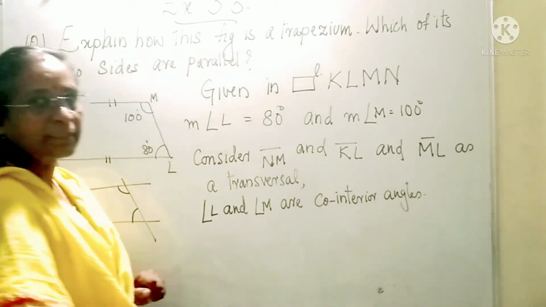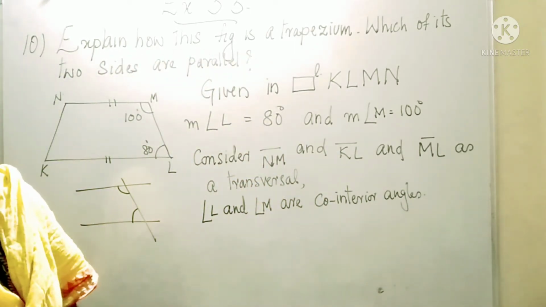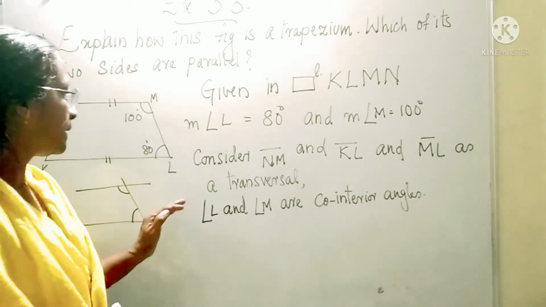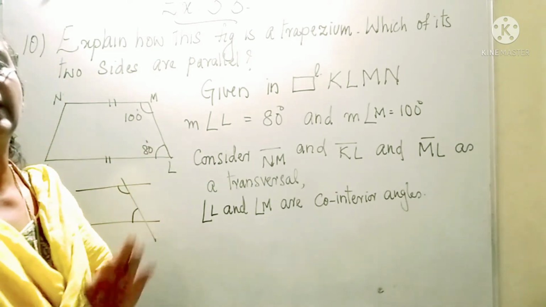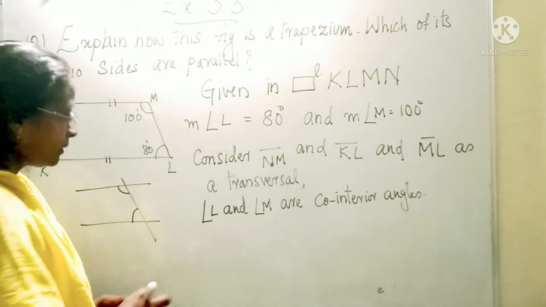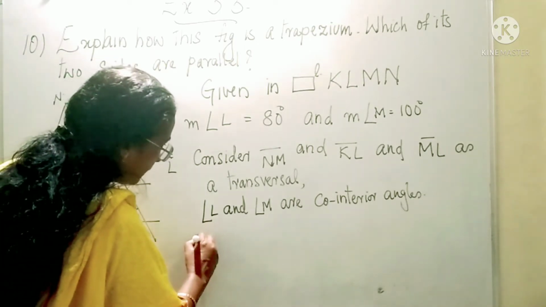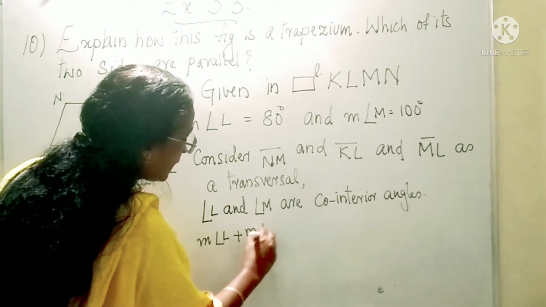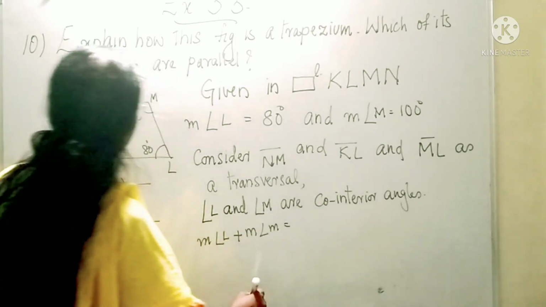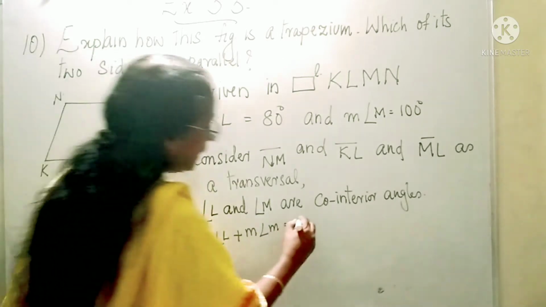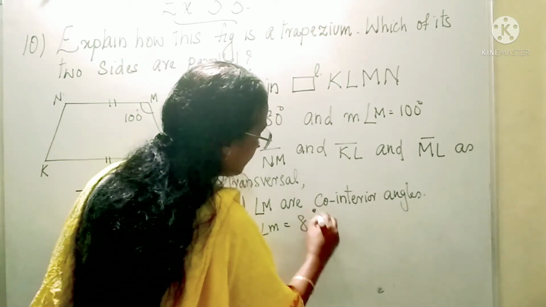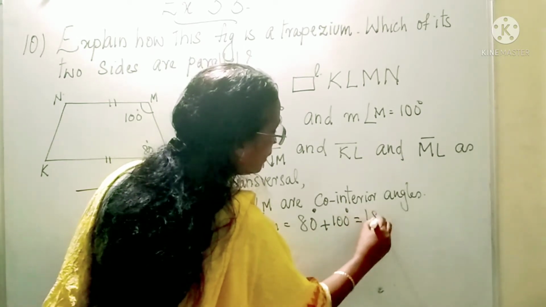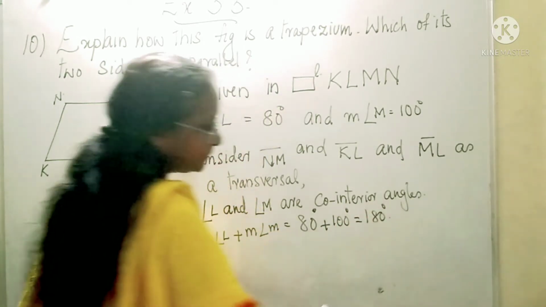Which type of angles are they? They are interior angles on the same side of the transversal. Now let us see what is the relation between them. Measure of angle L plus measure of angle M is equal to, what do you get? 80 degrees plus 100 degrees, which is equal to 180 degrees.